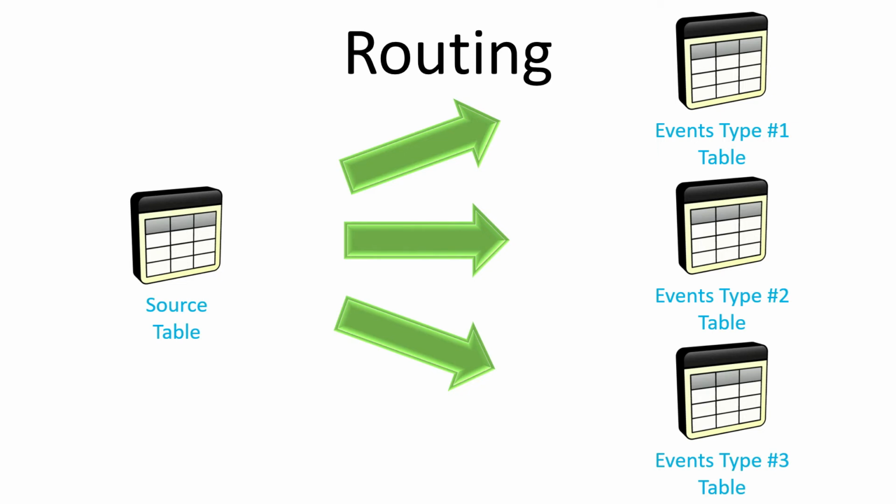This is especially useful if the schemas of the 3 tables on the right-hand side are different. You can have strongly typed data in each of your tables. I would advise against going nuts with that and routing to 100 different tables just for the sake of filtering, because that's going to consume a lot of resources. Each time you insert something in the source table, you fire a bunch of queries on different tables. So I would advise against going too far with it. It's very useful in many scenarios.